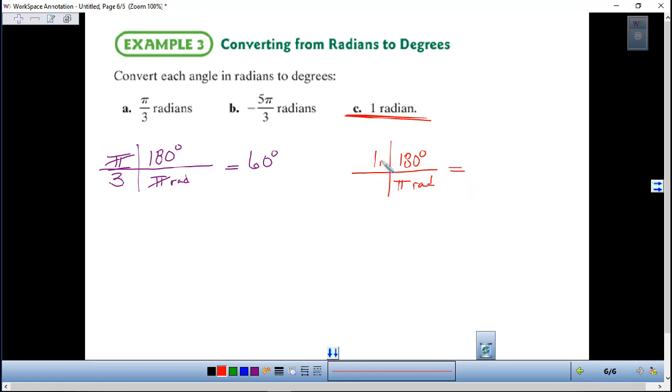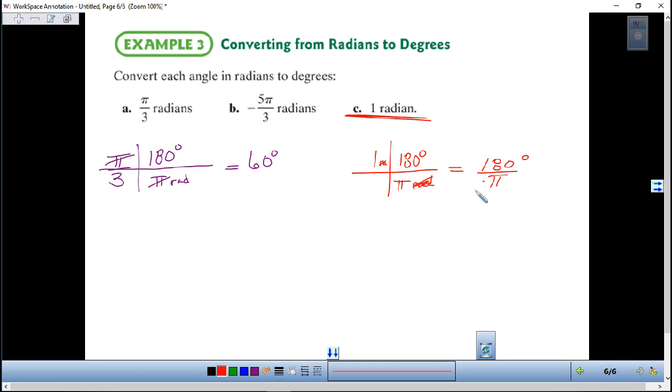Now, so you've got radians here, and they're going to cancel out, even though radians actually is not a unit, I know that. So we end up with 180 over pi degrees. And you don't have to write it that way. That's just a weird way. But anyway, it's 180 degrees over pi.